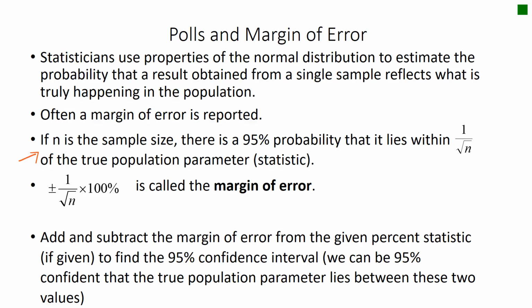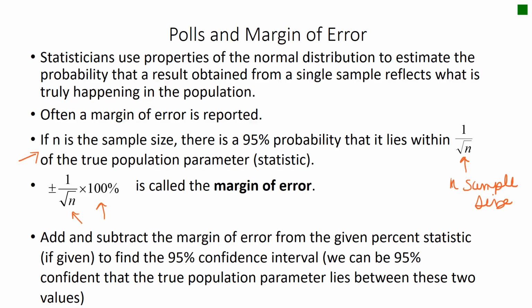So we're using the sample to estimate for the population, and n here is always the sample size. This plus or minus 1 over square root of n times 100%, because we need to convert it to a percent, is called the margin of error. This gives you the decimal, and then you convert it to a percent.